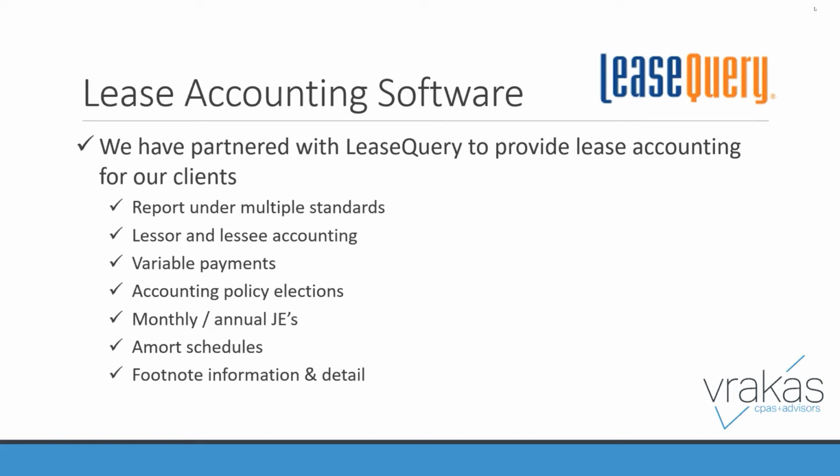There's a lot of different things that we looked at when we looked at different software providers. This software was the easiest to use, most user-friendly, and gave us really everything that we wanted on the output side of things in terms of reports. So what we foresee is that we will be using Lease for our clients, sort of how we work with clients using BNA for fixed assets at this time.